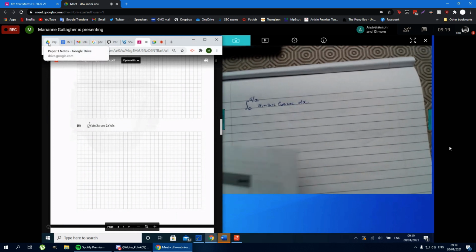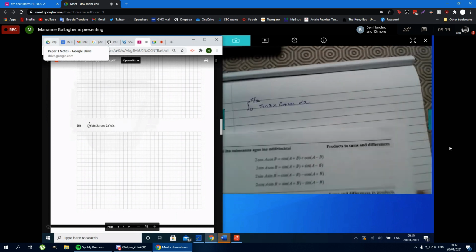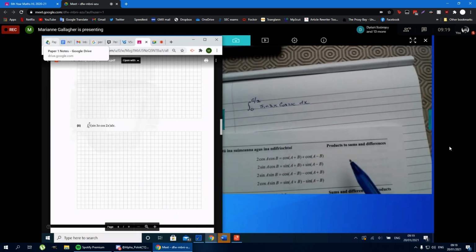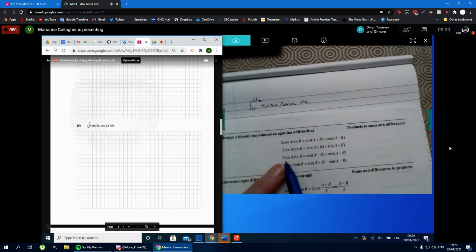So what you do, this is pulling in your trigonometry now. You go to page 14, 15, which has all the trigonometric identities, and you want to find one that has sine times cos. That's on page 15. Here's sine cos. So sine A cos B, I would bring the 2 over, it's going to be a half.